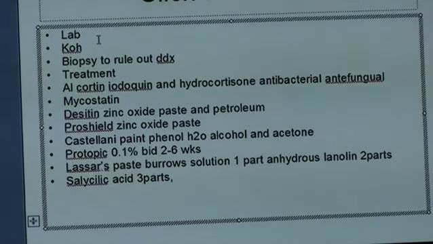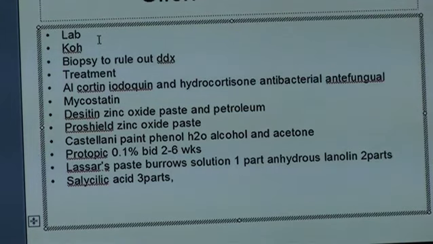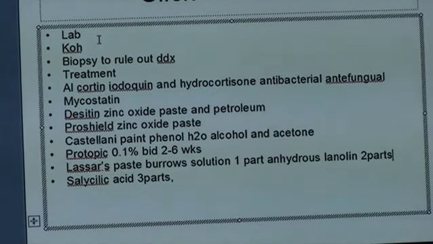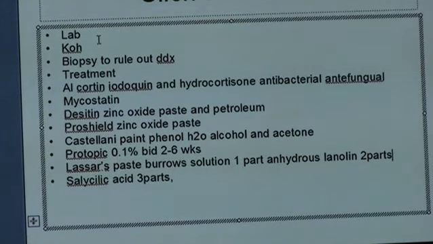Let me see if this picture on the other screen shows that. Do you see these satellite lesions over there? I can't make it any larger right now.